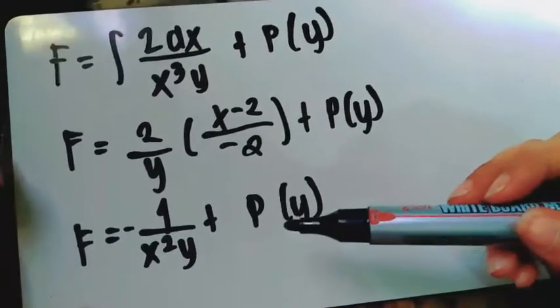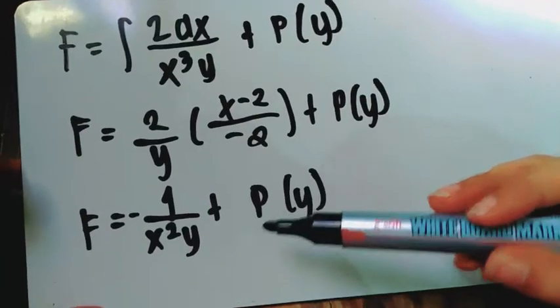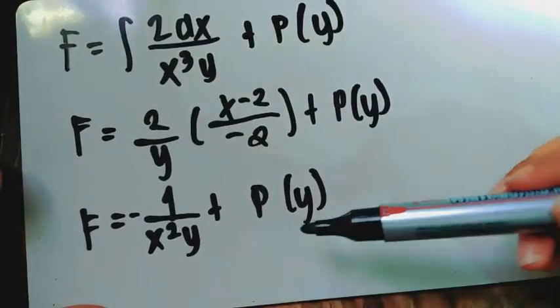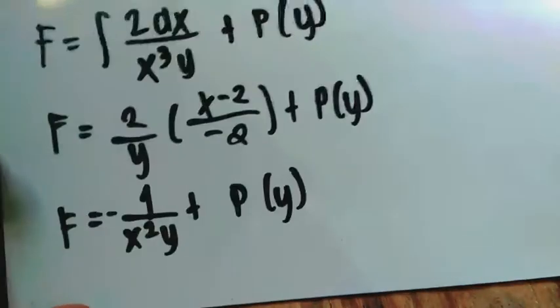Therefore, f is equal to negative 1 over x squared y plus p of y.